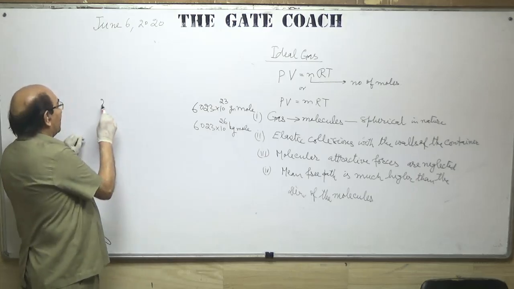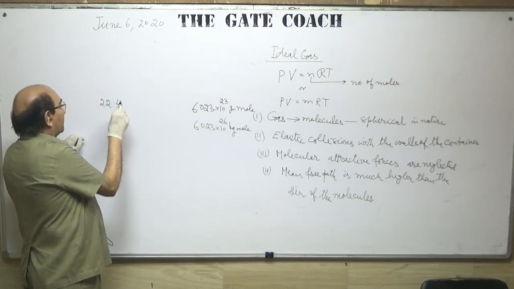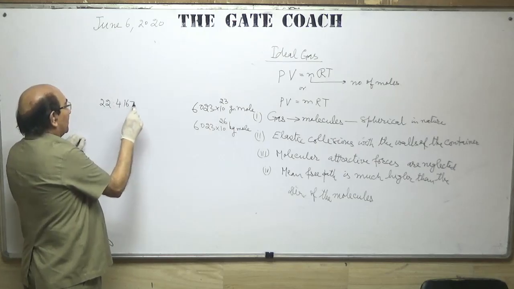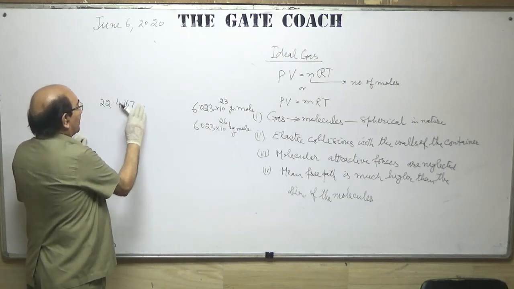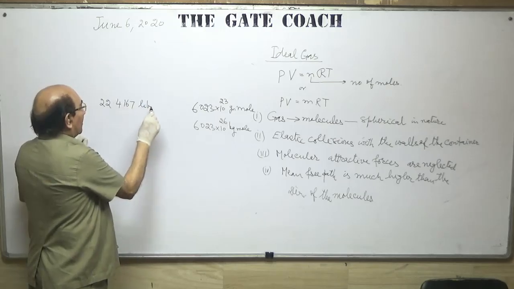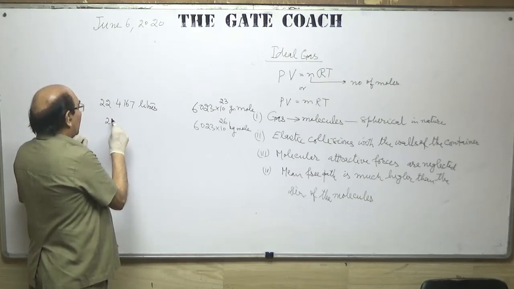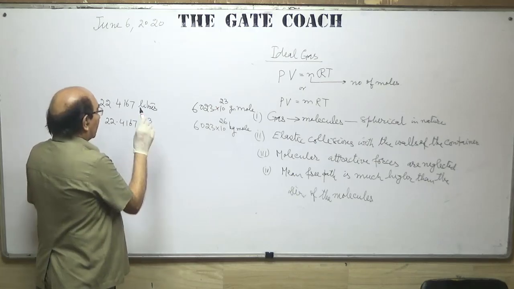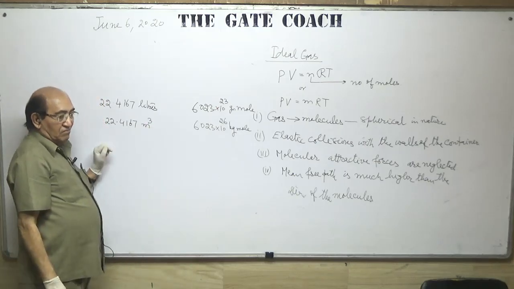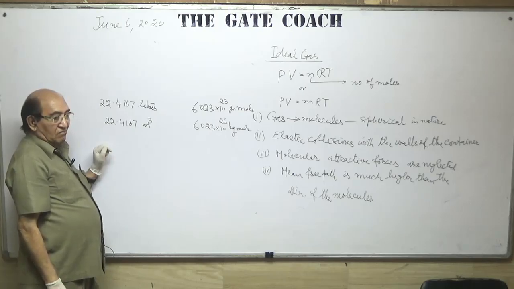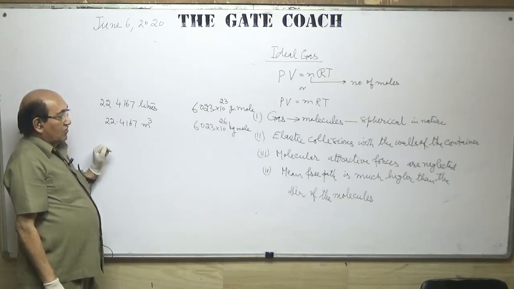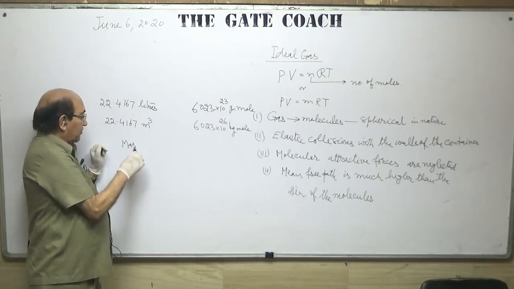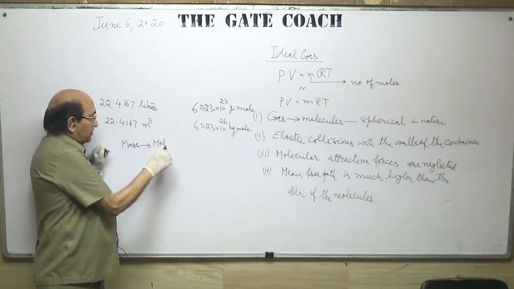What is that given volume? 22.4167. This will mean in terms of liters, and here it shall mean in terms of cubic meter. And what shall be the mass? Mass shall be equal to the molecular mass.